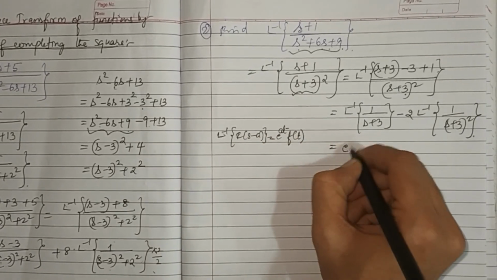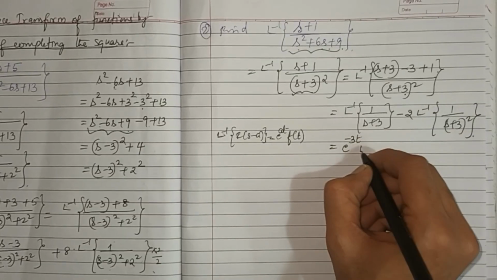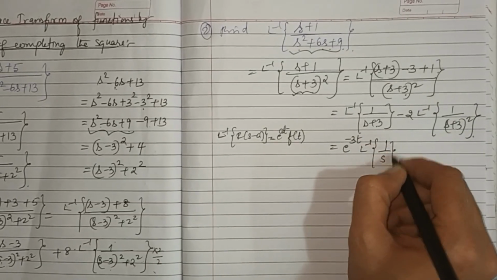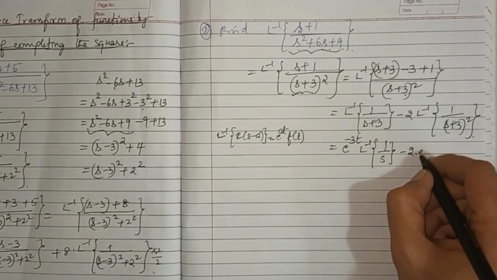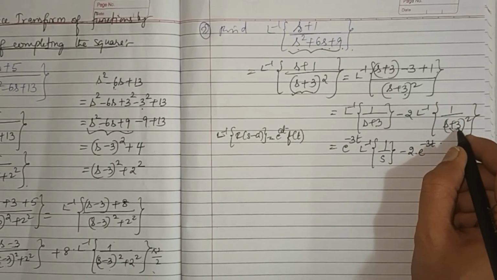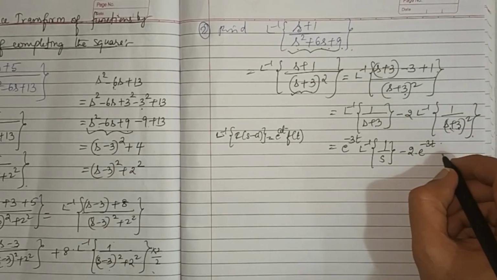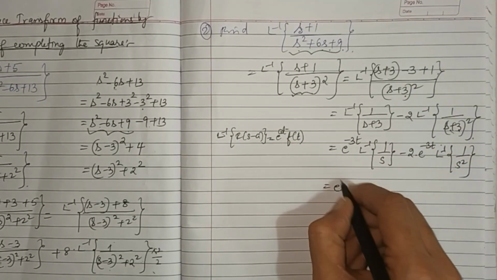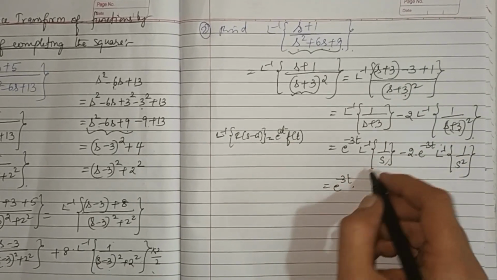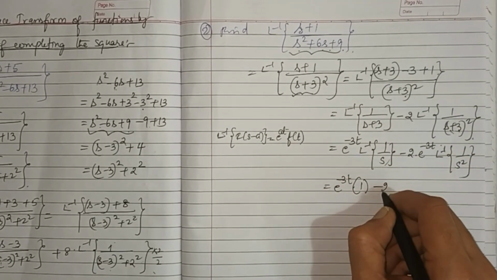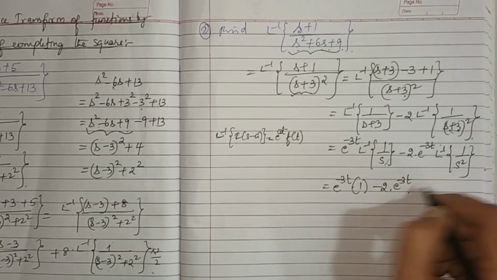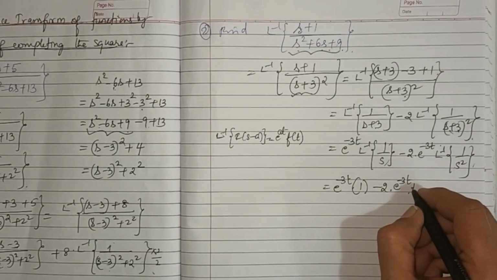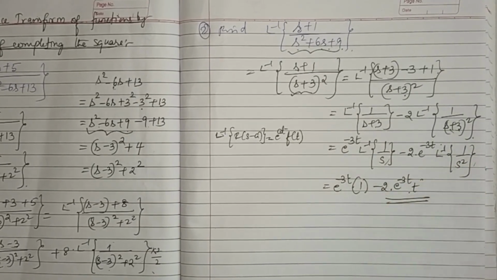So here e power minus 3t into the inverse transform of 1 by s, minus 2 into e power minus 3t, because the value of a is minus 3, into the inverse transform of 1 by s square. So e power minus 3t into inverse transform of 1 by s is 1, minus 2 into e power minus 3t into the inverse transform of 1 by s square is t. So this is the final answer.